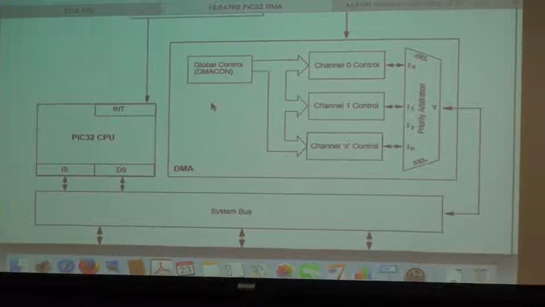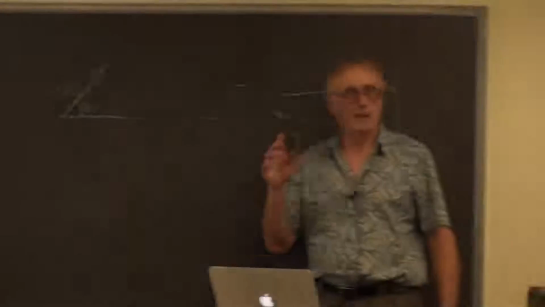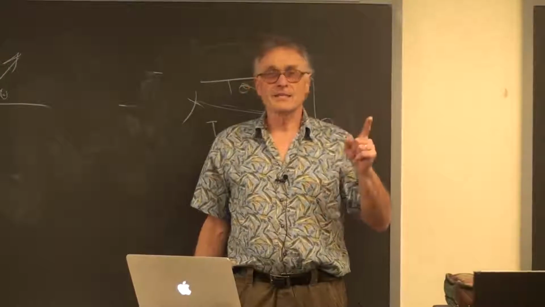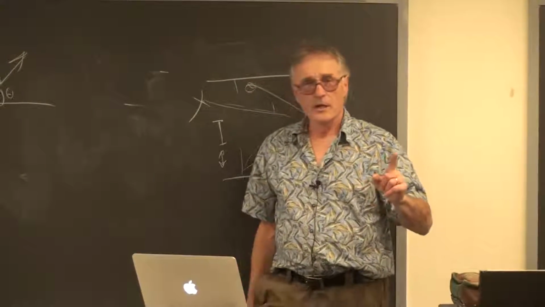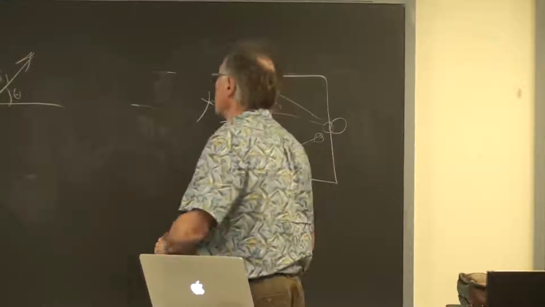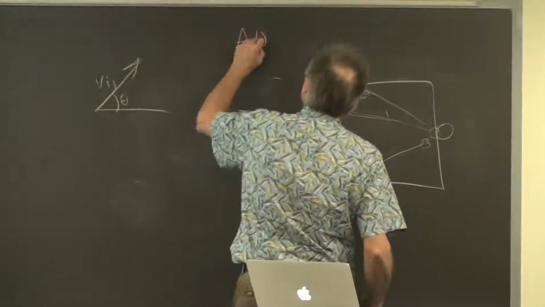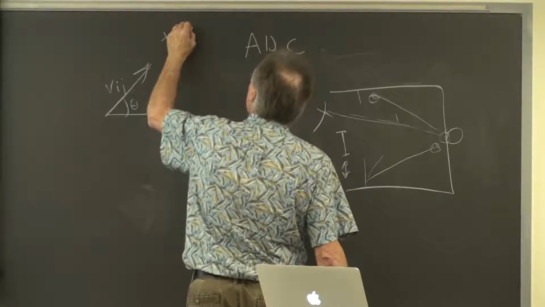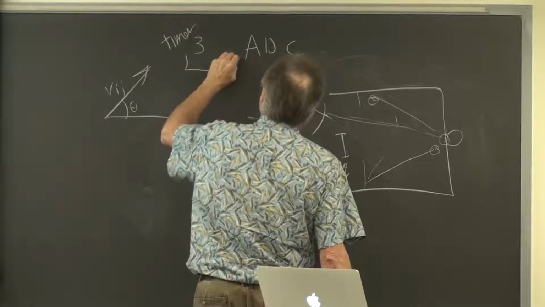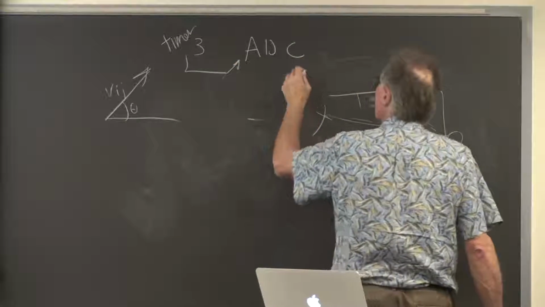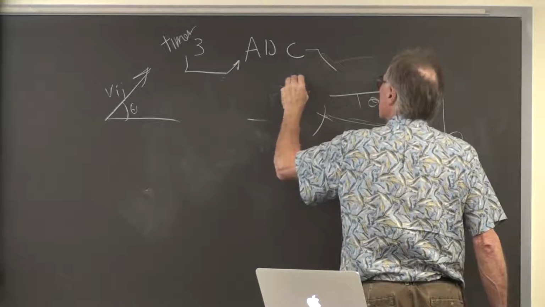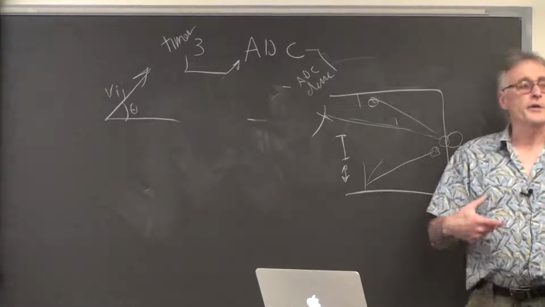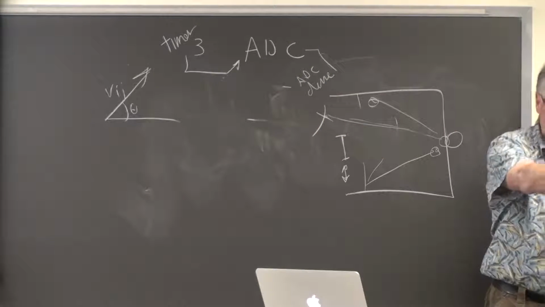You can actually go further than that. I'll show you an example in a day or two, where the ADC, the analog digital converter, is triggered by timer 3. So this triggers the ADC. The ADC done flag could trigger an interrupt service routine, but I'm not using it that way.